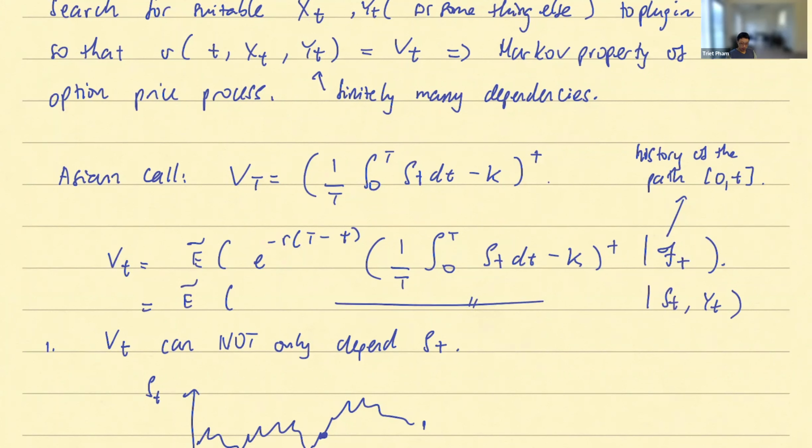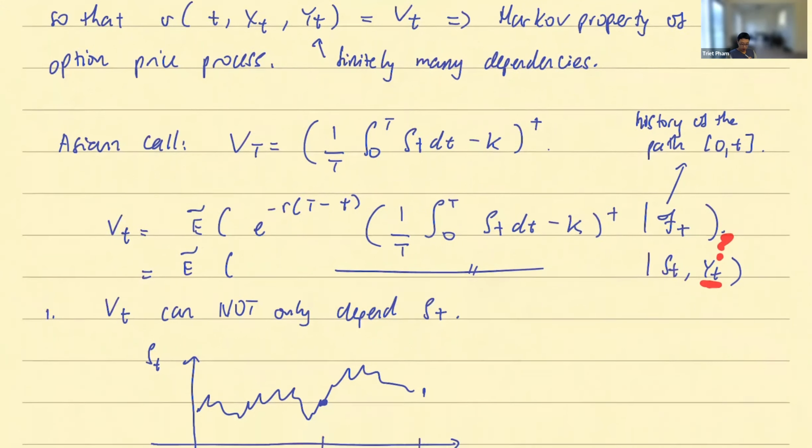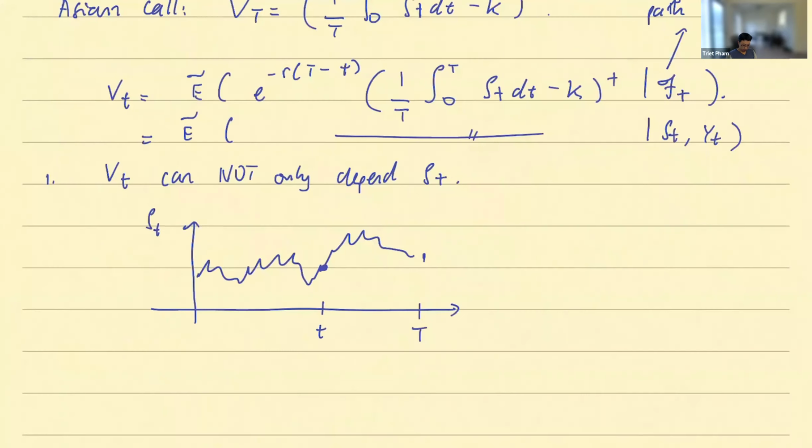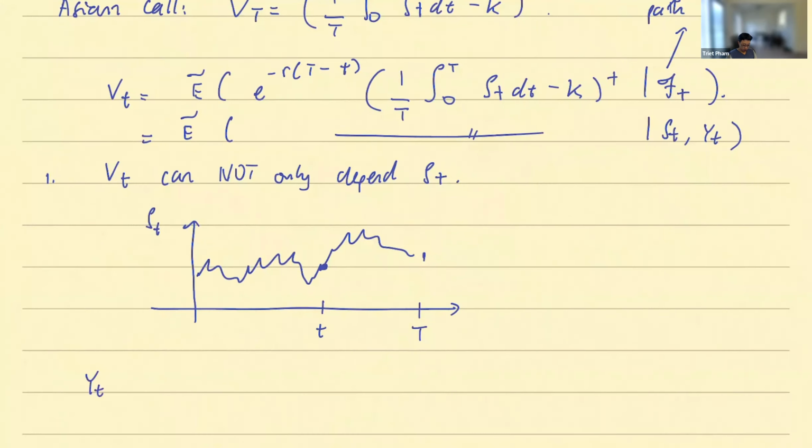And so what is this object? As I alluded to last time, this object, of course, is something very natural. It is the integral, sorry, the area under the curve of the stock up to time little t.